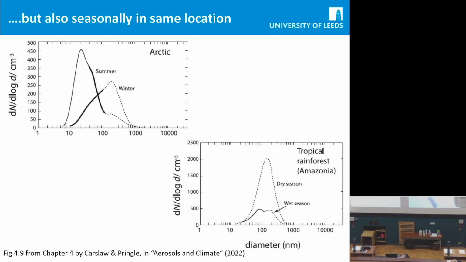Whereas in the wet season, there's lots of rain, so firstly it's cleaning the air, and there's less fire, so you don't have that really big input of these particles, but we also see some more local formation of particles. So you can see that we need to be able to simulate different things going on in different parts of the world, but also different things going on in the same part of the world at different times of the year.